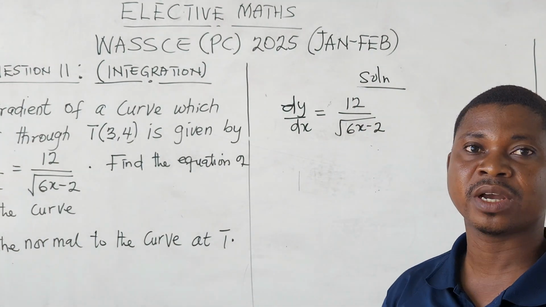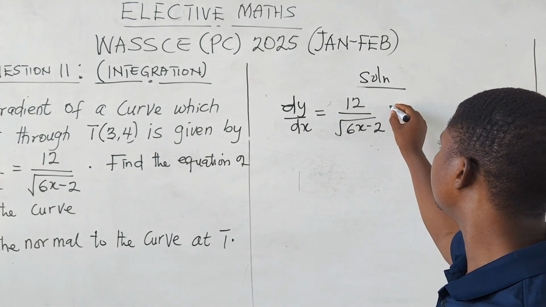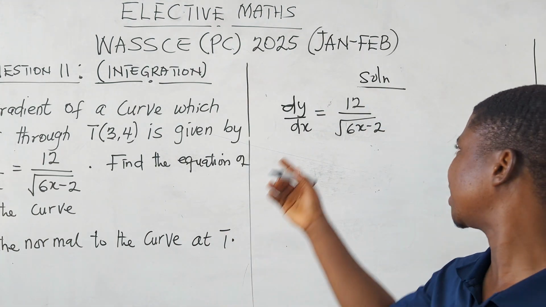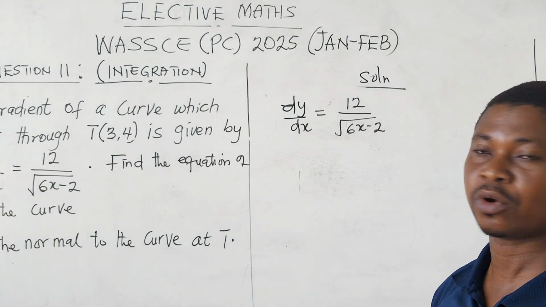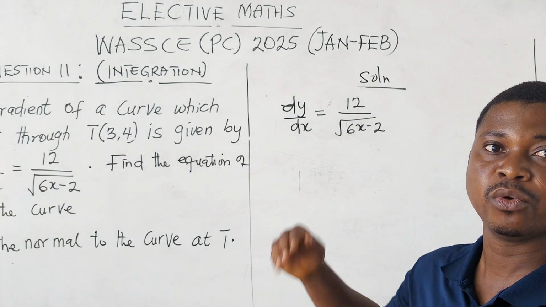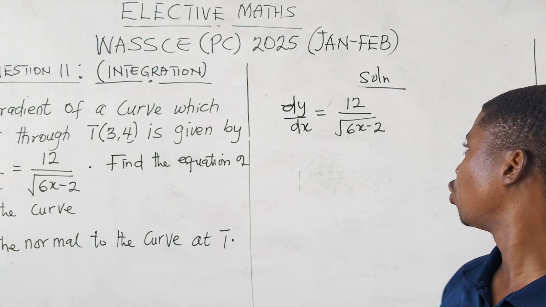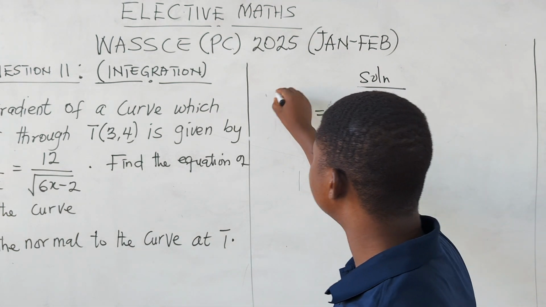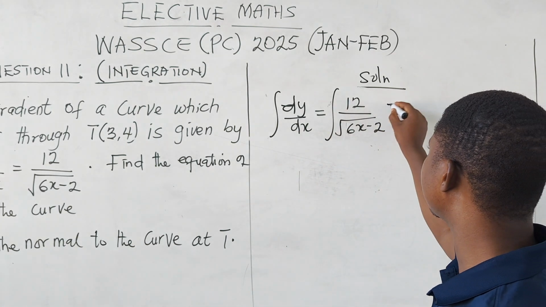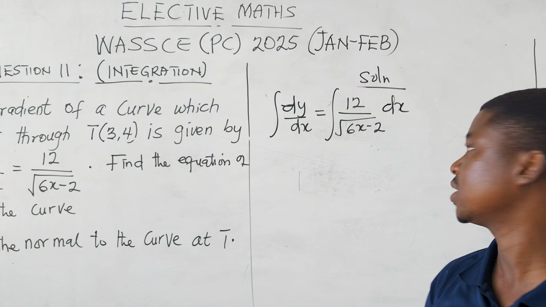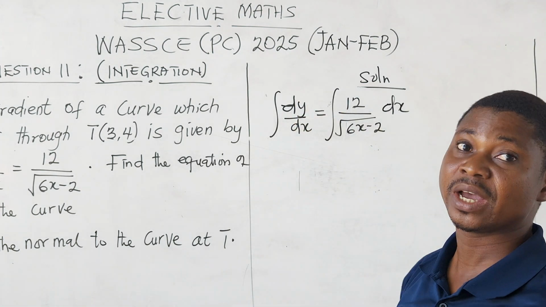Now, the question is given to us this way. We need to integrate this because it has been given in differential form, and we want the curve, because this one is the gradient. To get the curve, you need to integrate. So we integrate this side and this side with respect to x.